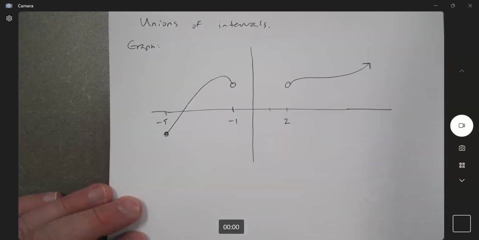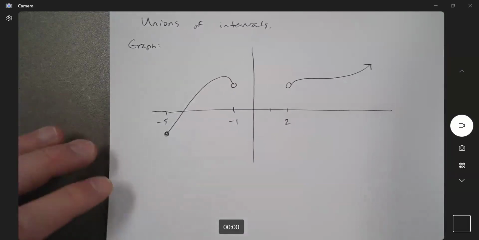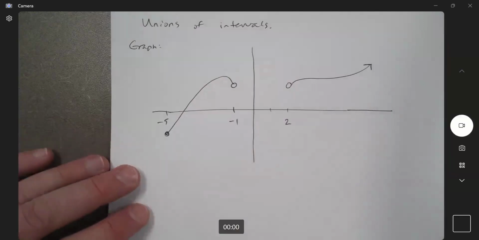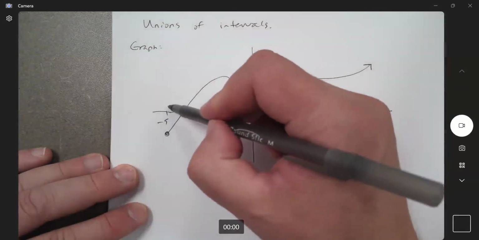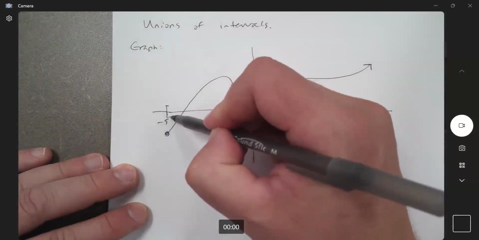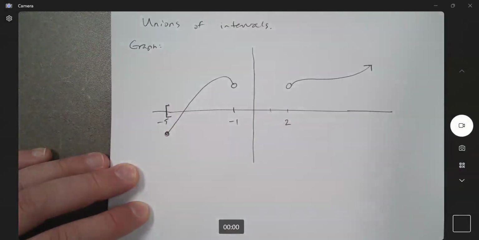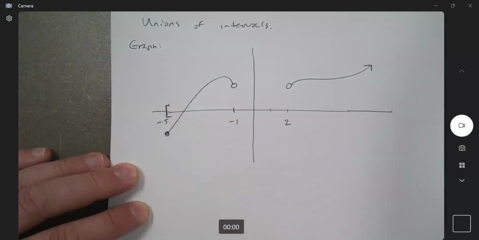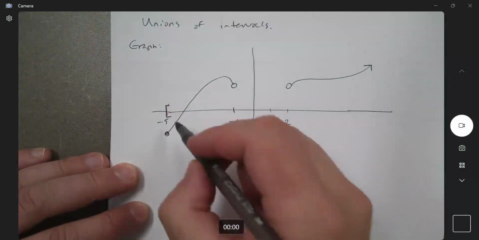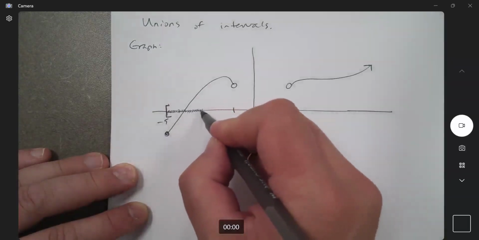So if I want the domain of this function, again, I think if you shine that flashlight, it's the easiest way. If you shine it from the top and the bottom, you're going to see, aha, -5 is part of the domain. And I actually like using the bracket notation as opposed to the solid dot because that connects better with me for the symbolic. And then all of this is going to be shaded.